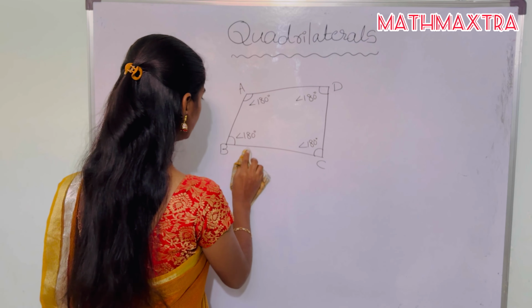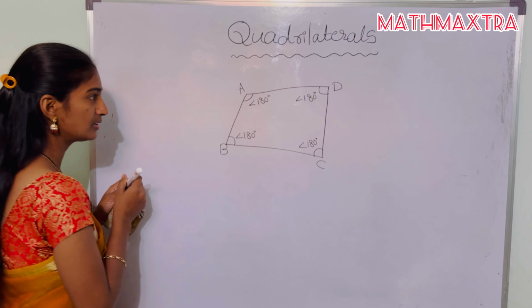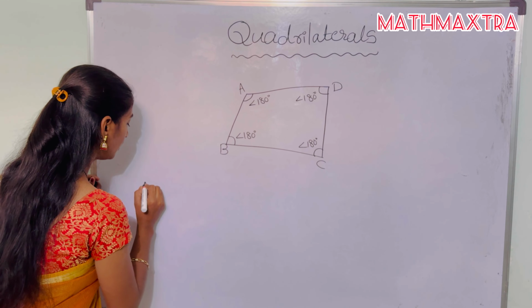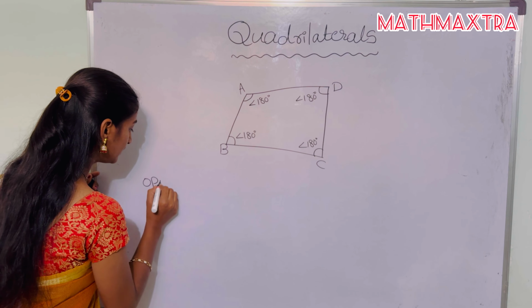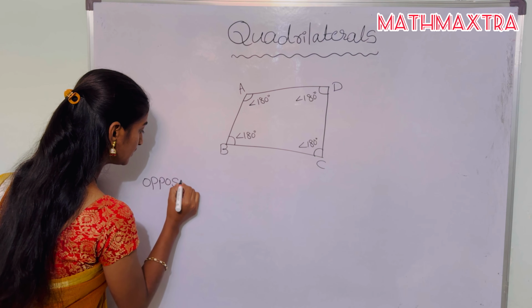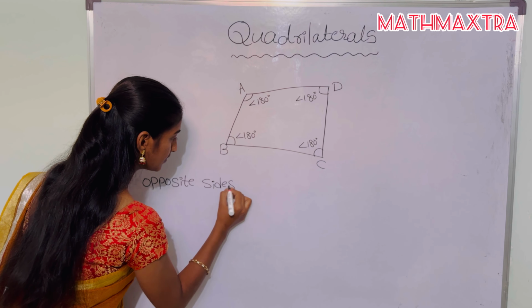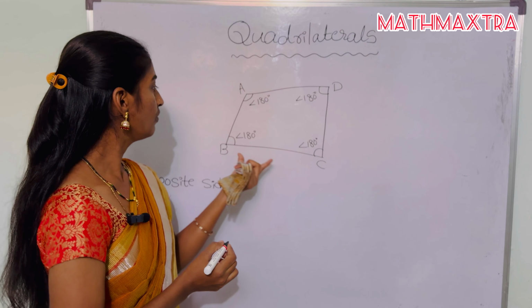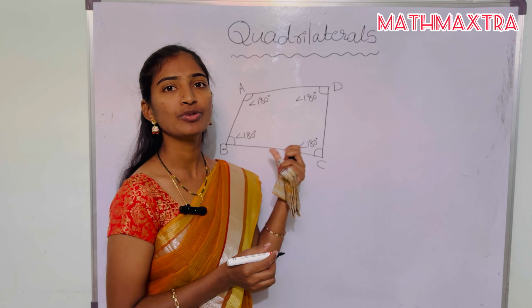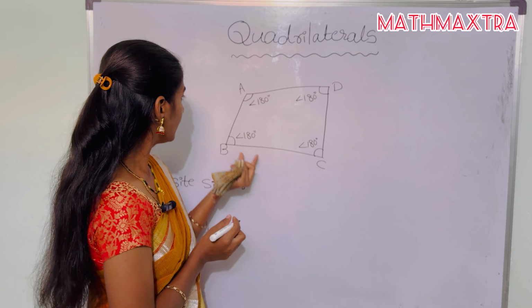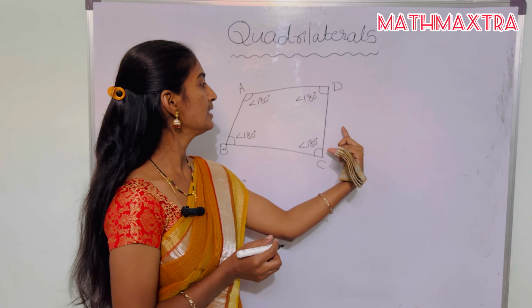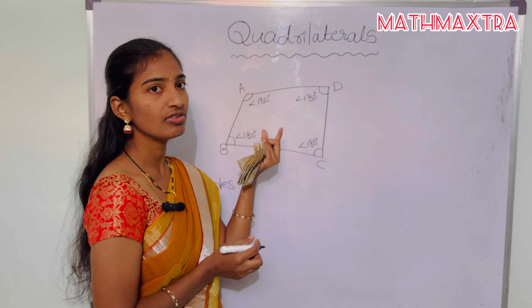Now, the first term is: what are opposite sides? See, when we say two sides are opposite to each other, these AB, BC, CD, AD are sides of a quadrilateral.